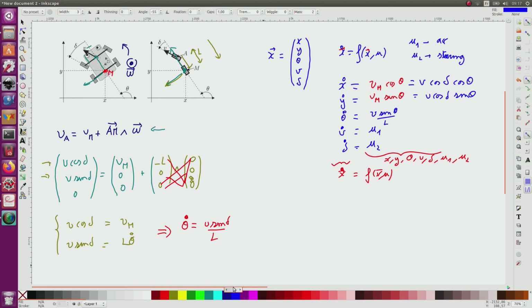So what I have here in blue corresponds to the state equation of my tricycle, since I have the derivative of the state variables given with respect to the state variables themselves, but also to the two inputs.